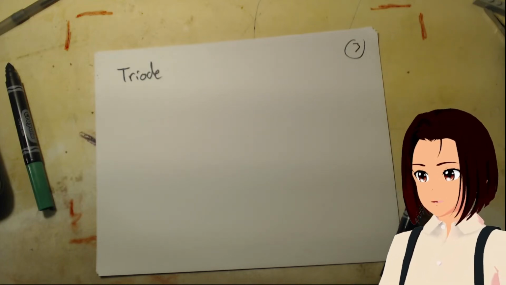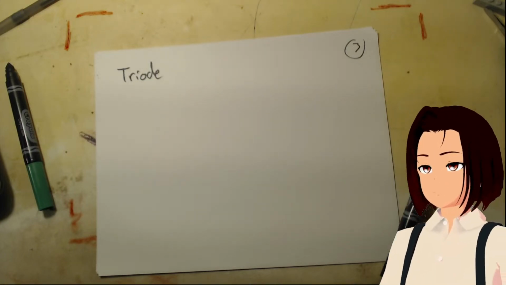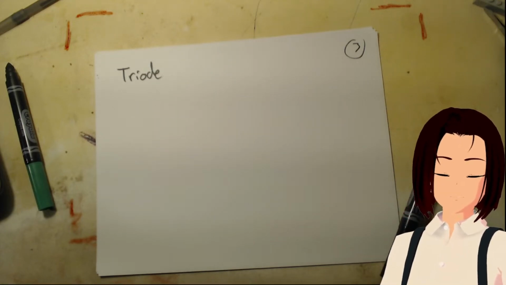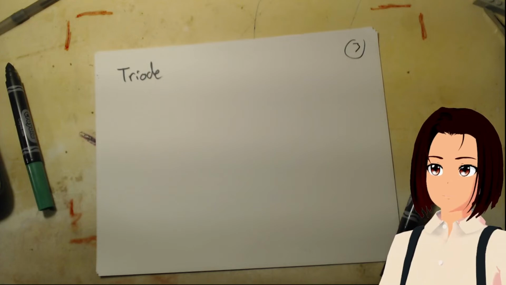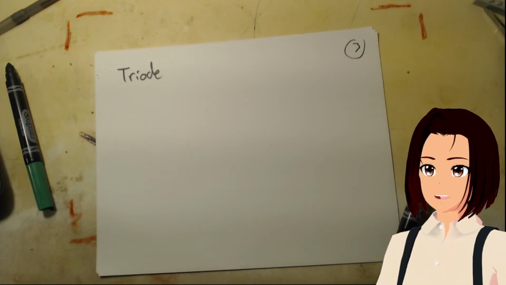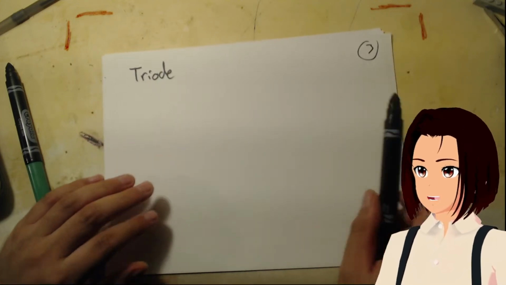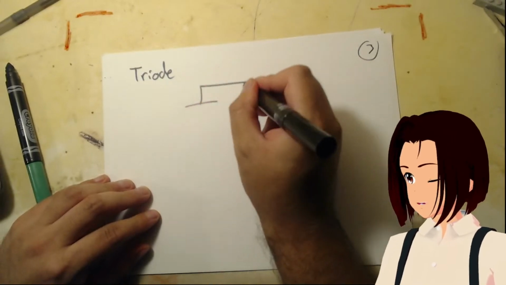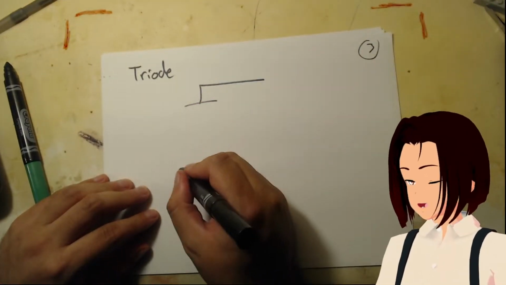So now, here's the thing. What if we introduce electrons that cannot be changed, that cannot be biased? Say we had the anode and we have the cathode.